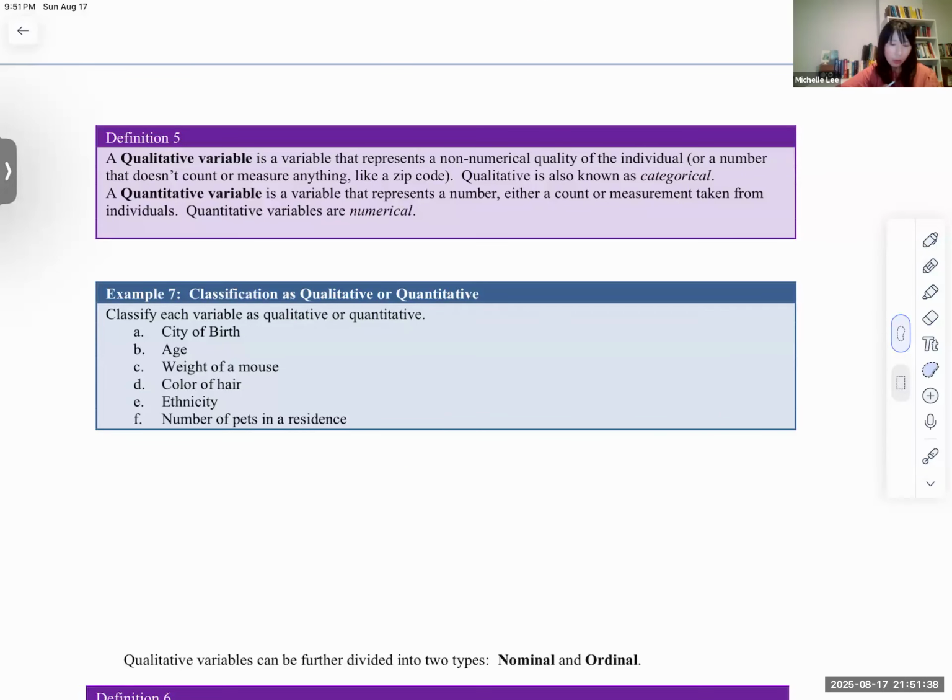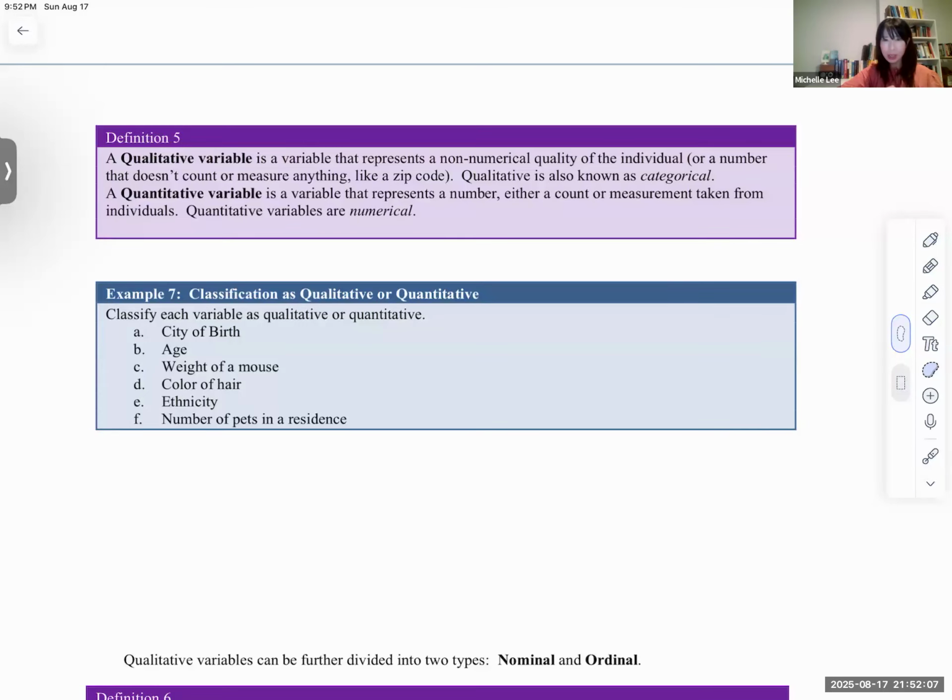Okay, so we have qualitative variable and quantitative variable, right? We had a variable earlier, which is measured or observed from the individual, right? So let's talk about the quantitative.